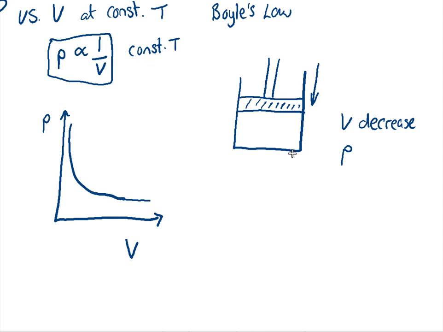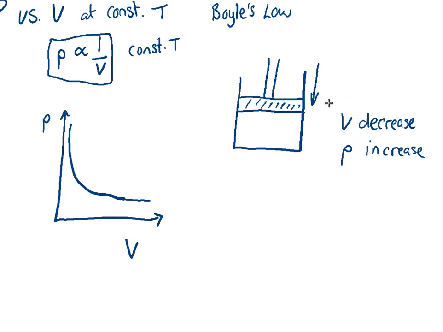And remember that the pressure that's measured is the result of the collisions between the atoms and molecules of the gas and the sides of the container. So because the number of collisions per unit time would increase when the volume decreases, the pressure itself would increase. Okay, which is an inverse relationship. The pressure is inversely proportional to the volume.